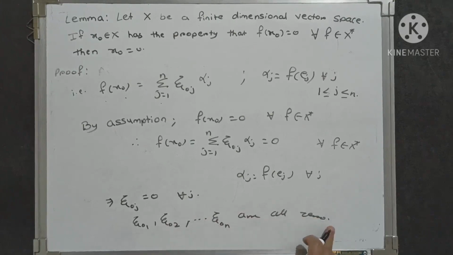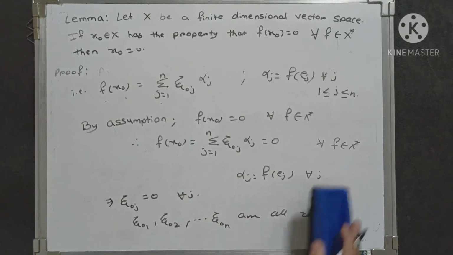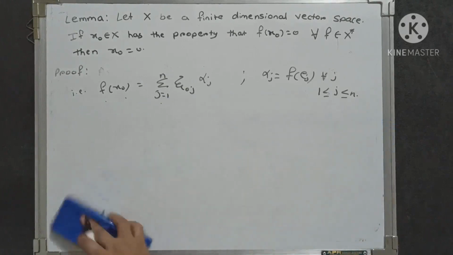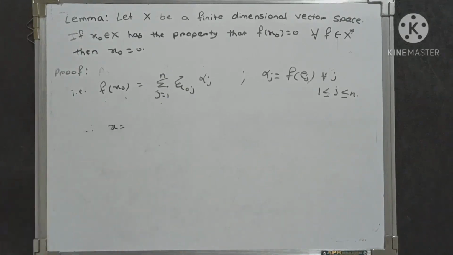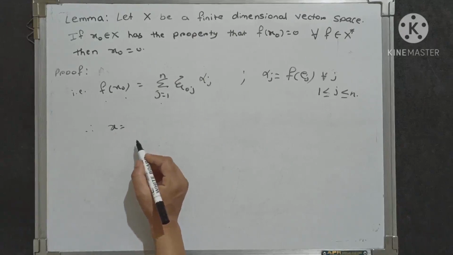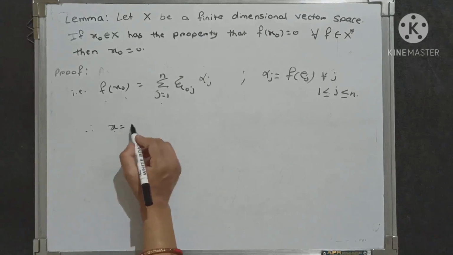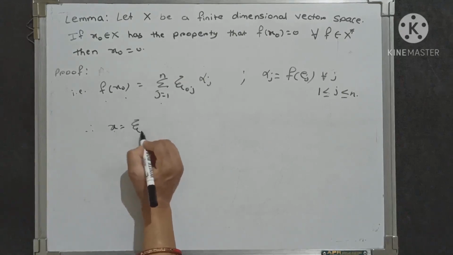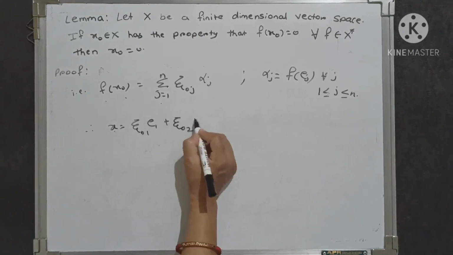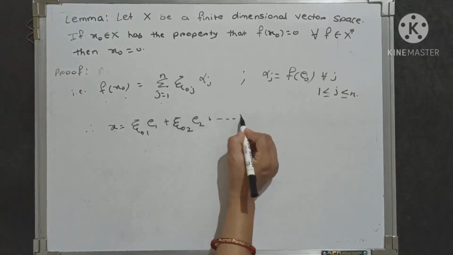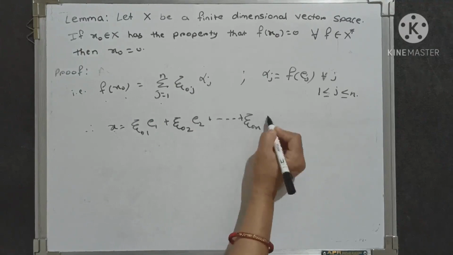But as they are all 0, x naught is written as xi 01 e1 plus xi 02 e2 up to xi 0n en.